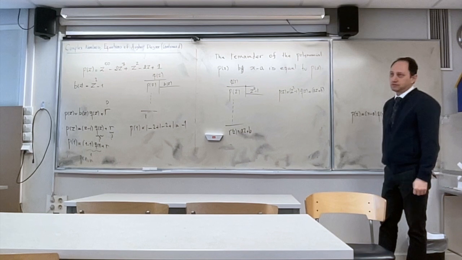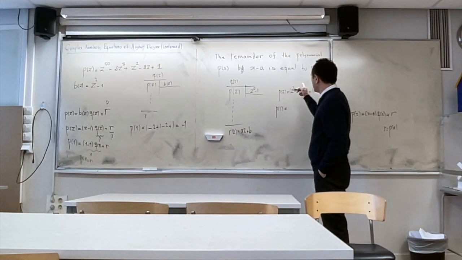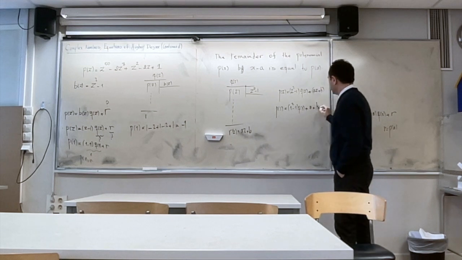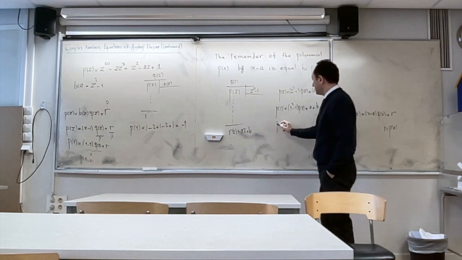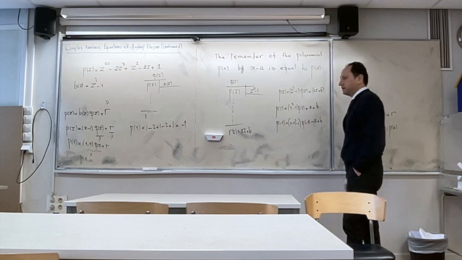So I put P of 1 is equal to 0 times Q of 1 plus A plus B, and I write P of minus 1, which is minus 1 squared minus 1 times Q of minus 1 minus A plus B. Agree?